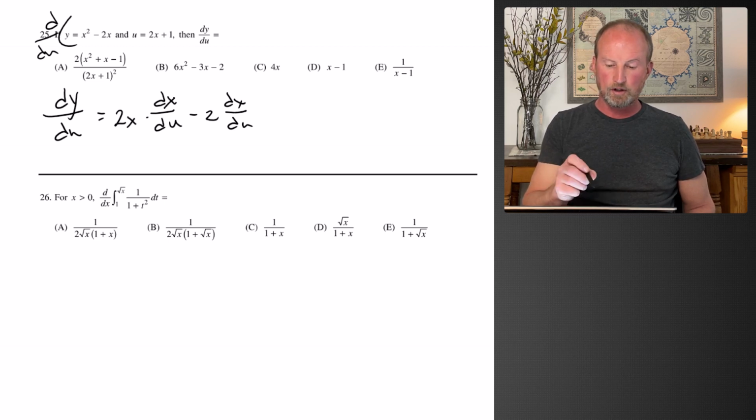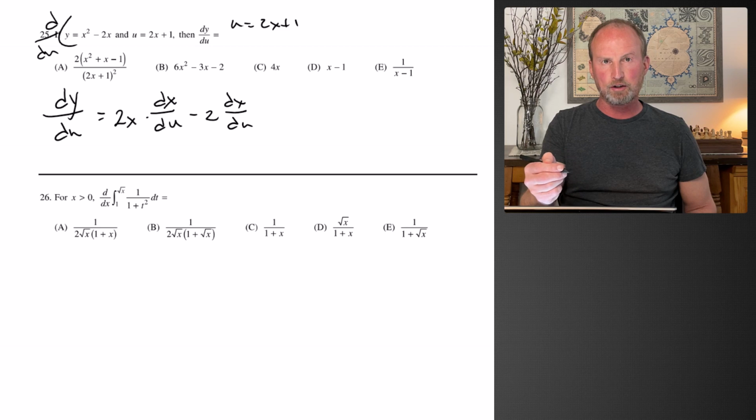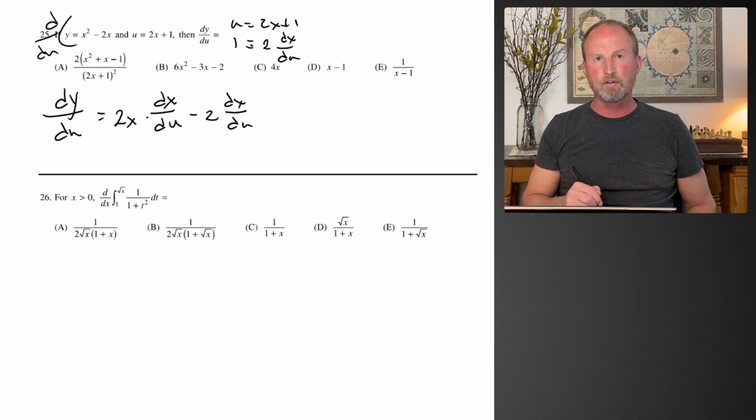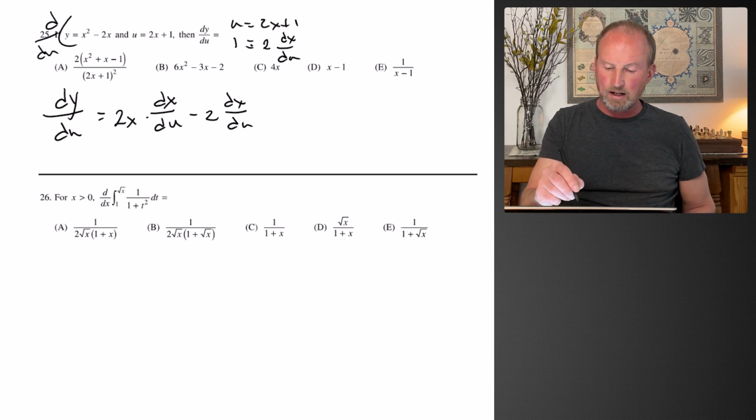Well, let's go over here to u. I have a definition of u equals 2x plus 1. Let's take the derivative of that thing with respect to u. So du/du is just 1 because it's with respect to u. It's like taking the derivative of x with respect to x. The derivative of 2x is 2 dx/du, and the derivative of a constant with respect to any variable is just 0. So dx/du looks like a half.